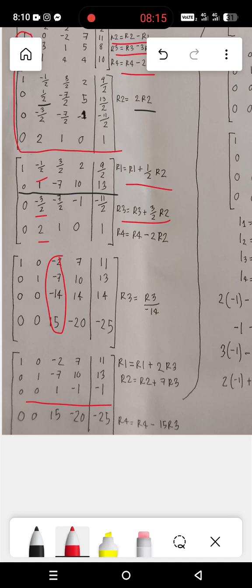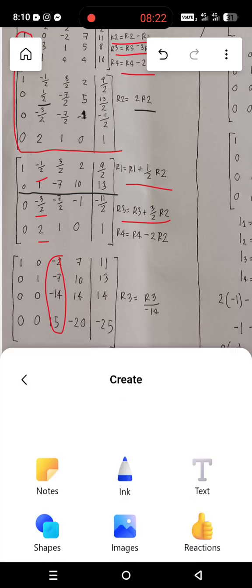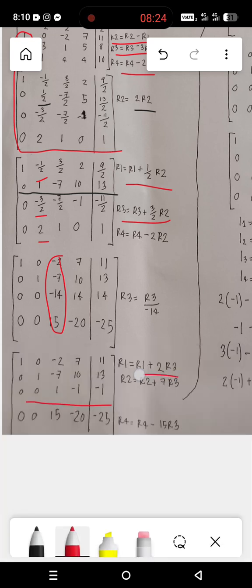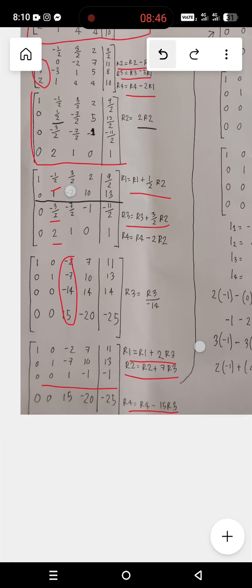So the next step is to turn the remaining values in this column into 0, which is why we have this guide. And we will apply that in all values in R1 or row 1, in row 2, and in row 4, in order to turn the remaining values in this column into 0, excluding the 1.